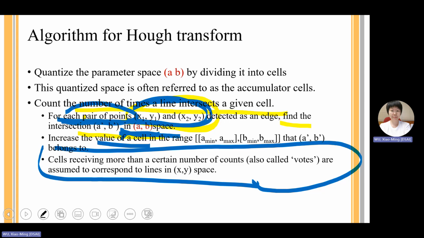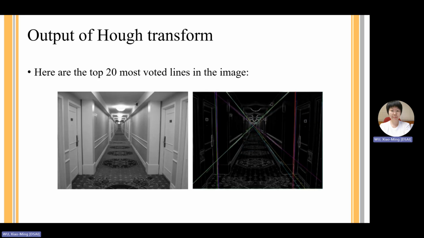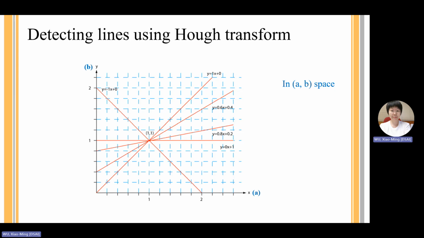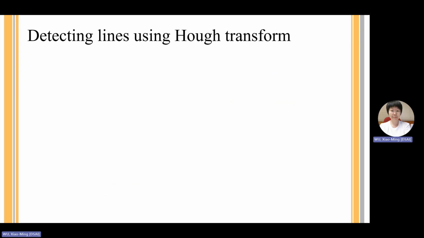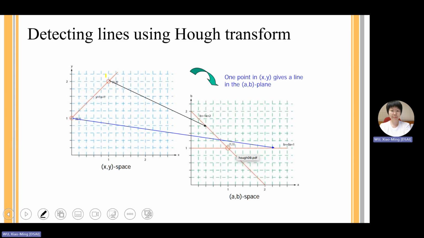I hope you can figure out the relationship between the original XY space and the AB space. Basically, each point in the XY space will give a straight line in the AB space. The point 1, 2 corresponds to the parameters, the slope and intercept 1, 2, of this straight line in the AB space.